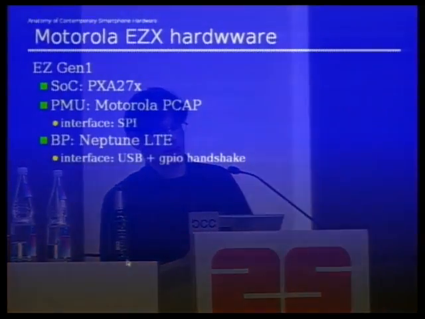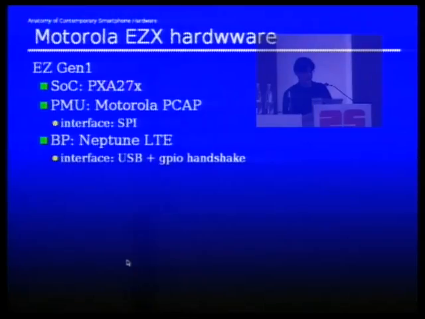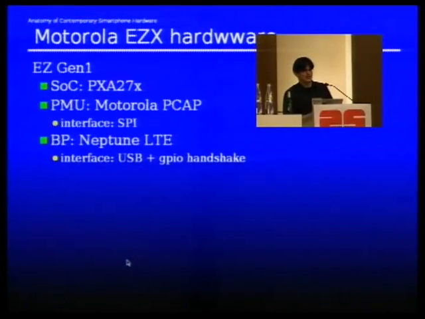So the generation 1 uses an Intel X-Scale. At that time, it actually was still Intel X-Scale PXA272, I think. The power management unit they use is called Motorola PCAP. I think it's the Power Control and Audio Peripheral, PCAP. It's connected over SPI to the baseband processor and to the application processor.